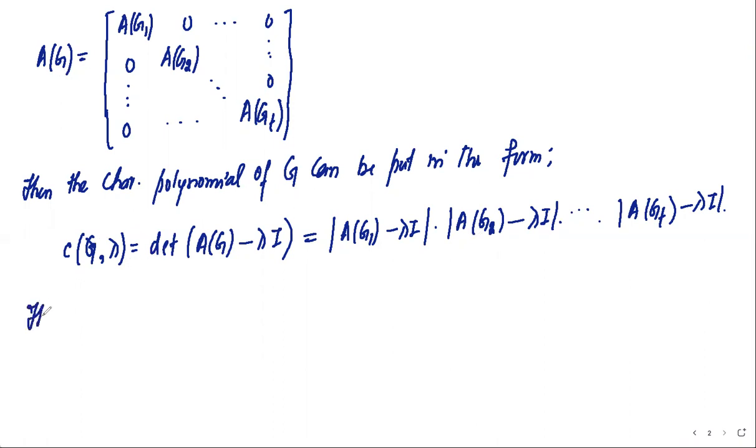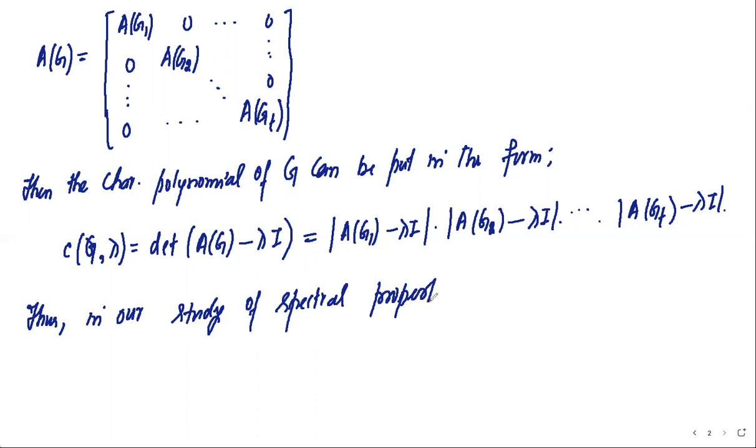So thus in our study of spectral properties of graphs, we assume the graph G is connected.